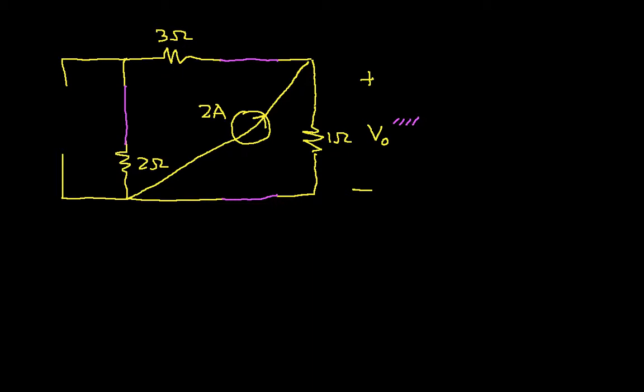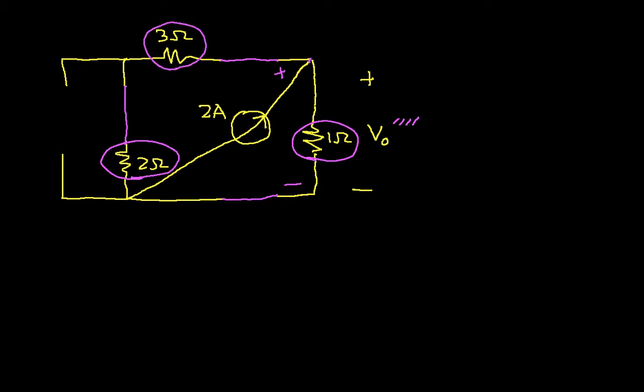I guess the easiest way to solve this is to notice that V0 quadruple prime is the voltage from here to here, and that this 1 ohm resistor is in parallel with the series combination of the 2 ohm and the 3 ohm resistor.